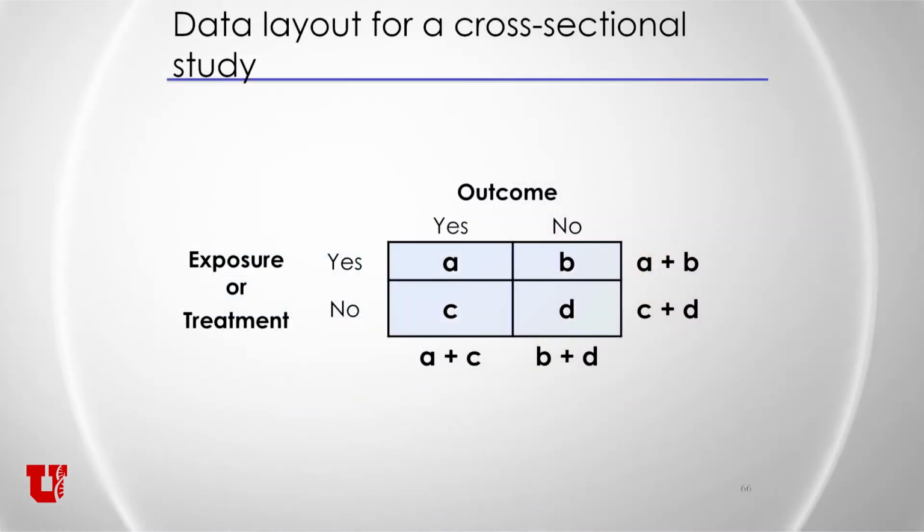In a lot of large cross-sectional data sets, lots of variables have been measured. So you may say, this is my exposure of interest, this is my outcome of interest, let's see if those are associated. You can do those same calculations, but what you do not have is that confidence of cause and effect, of the exposure actually being present before the outcome.